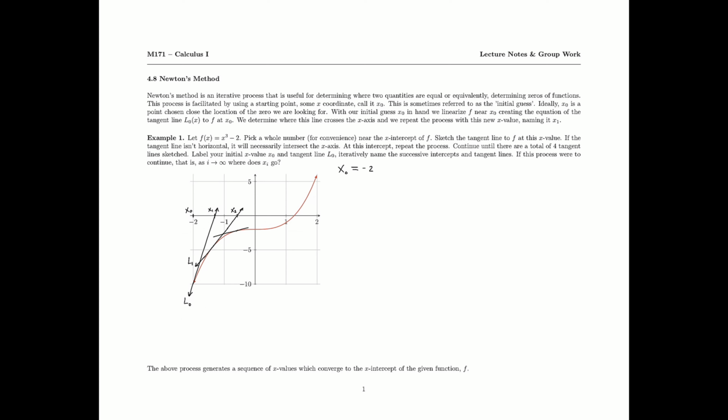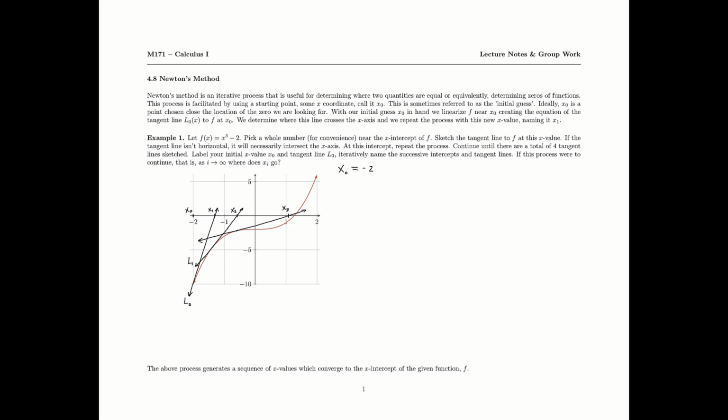There we go. Not bad. Okay. Might be going uphill a little bit more than it should, but you get the idea. There we go. So then this value right here, x3, is our next value.